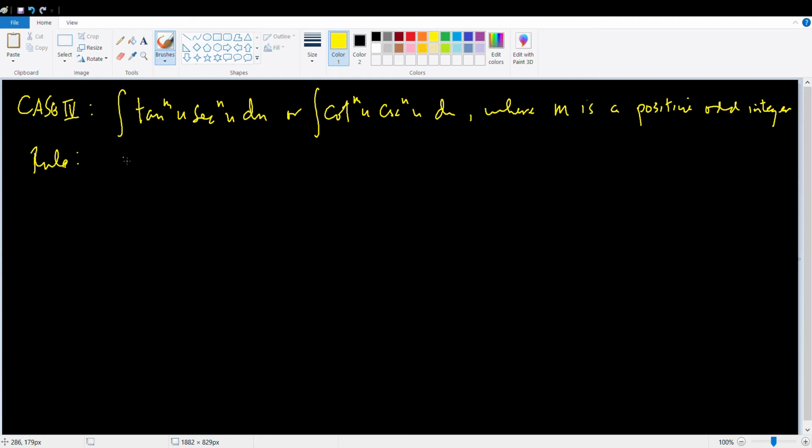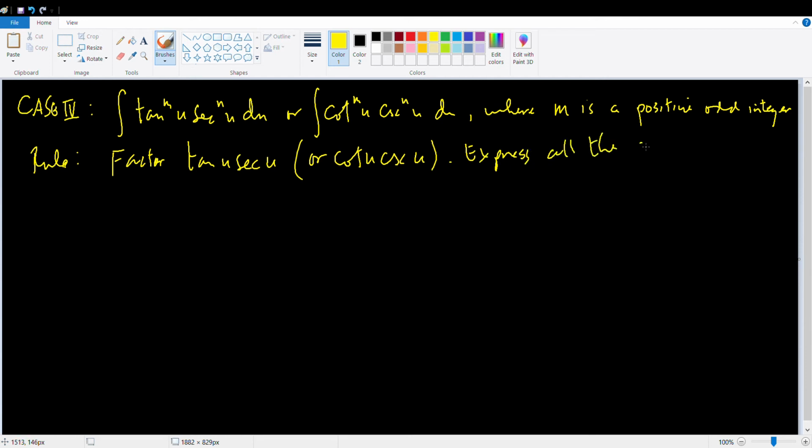What we will factor here is tangent u secant u, or cotangent u cosecant u, and express all the other factors in terms of secant u or cosecant u.